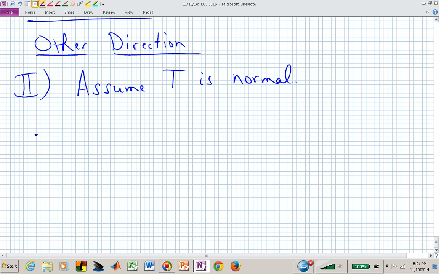If T is normal, what do we know about T even if it wasn't normal? If it's in a complex inner product space or just in a complex vector space, what do we know about a linear operator? It can be upper triangularized, can't it? So T has an upper triangular representation just from the fact that it lives in this complex vector space.